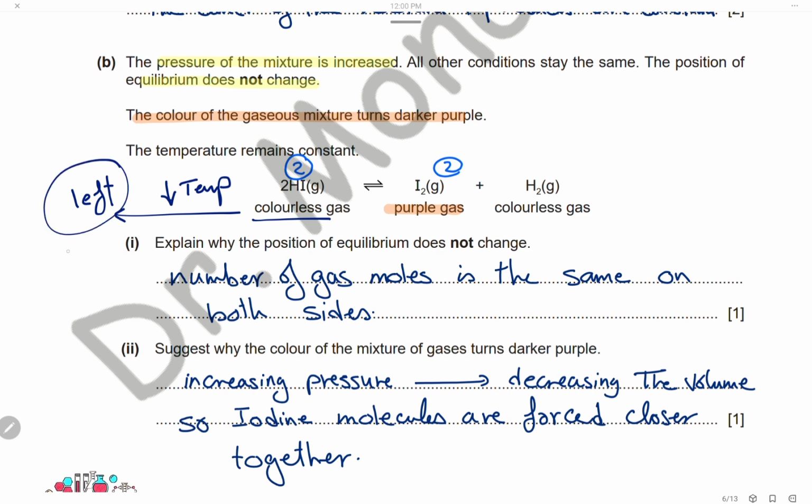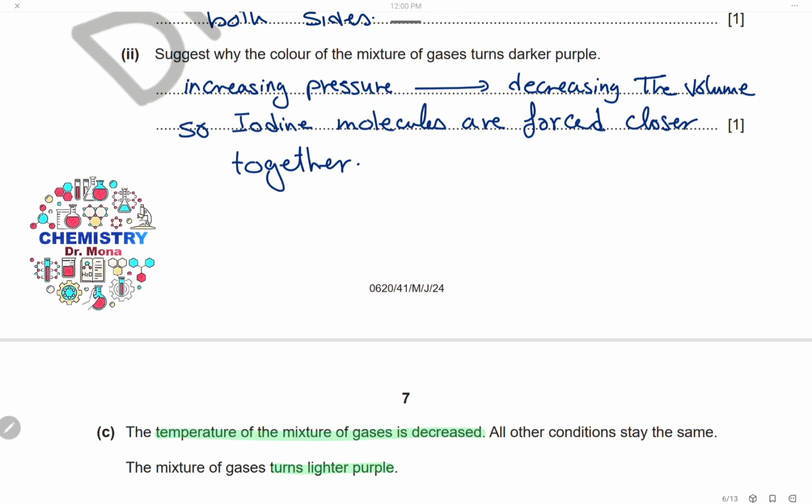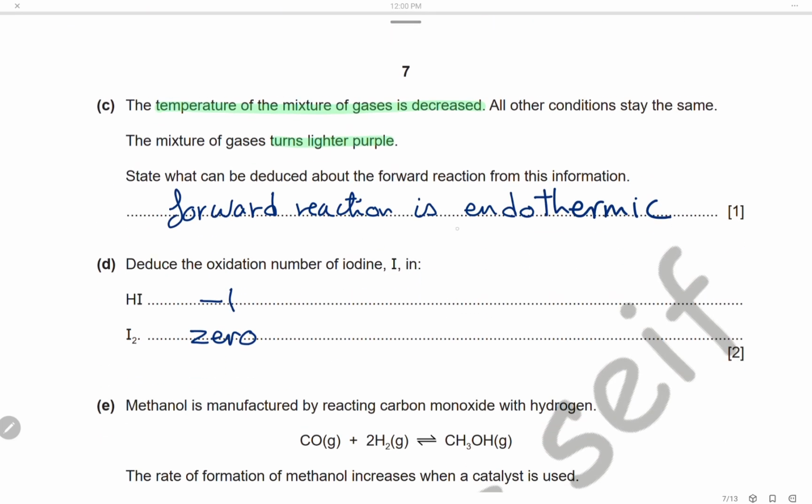That means the left side is exothermic, because the exothermic reaction is favored by low temperature. And of course, if the backward or the left side is exothermic, then the forward reaction is endothermic. So what we can deduce about the forward reaction is that it is endothermic. So the answer here will be: the forward reaction is endothermic.